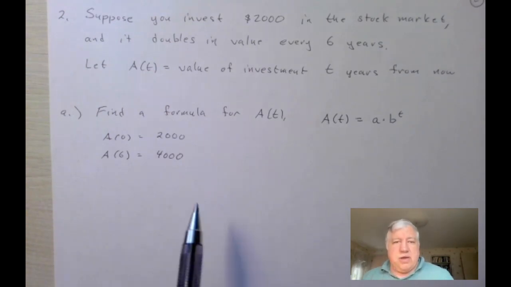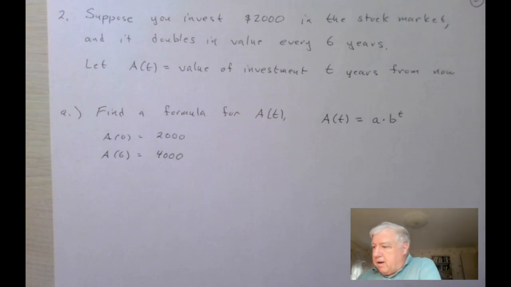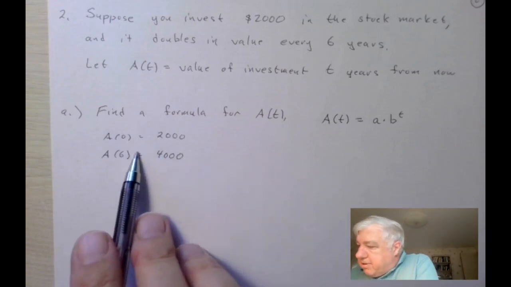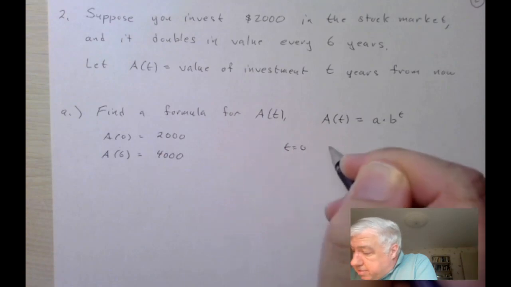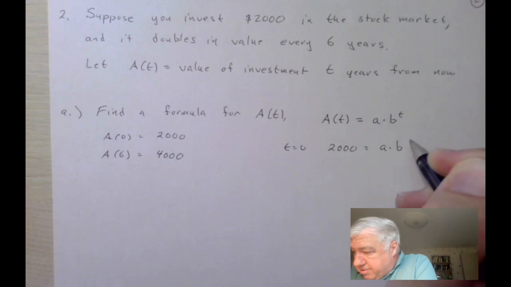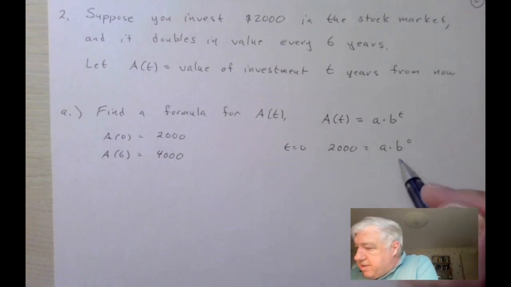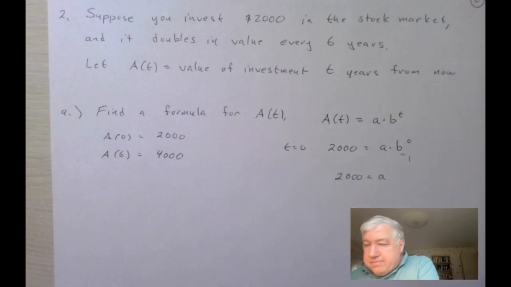And this is actually enough to figure out what a and b are. When t equals 0, we get 2,000 equals a times b to the 0. Okay, so b to the 0, of course, is 1. So 2,000 is equal to a.